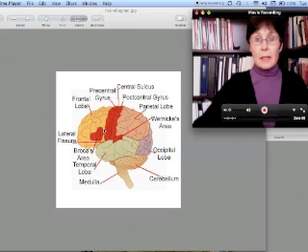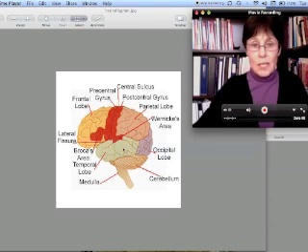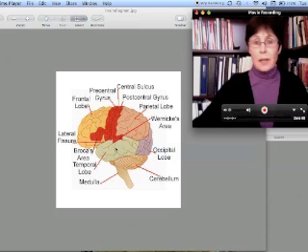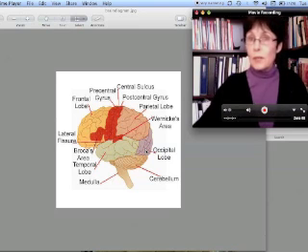The parietal lobe, which is back here, controls reading ability and the sensations of pain, temperature, touch, pressure, and taste. And the temporal lobe, which is down here, controls audition, memory, processing, and sensory integration. And the occipital lobe is for visual processing.